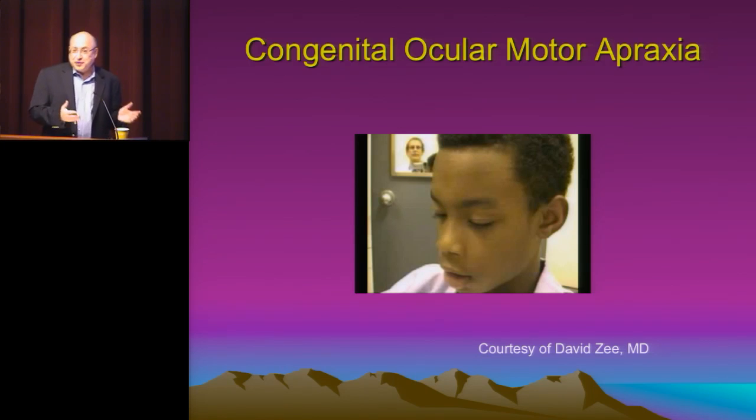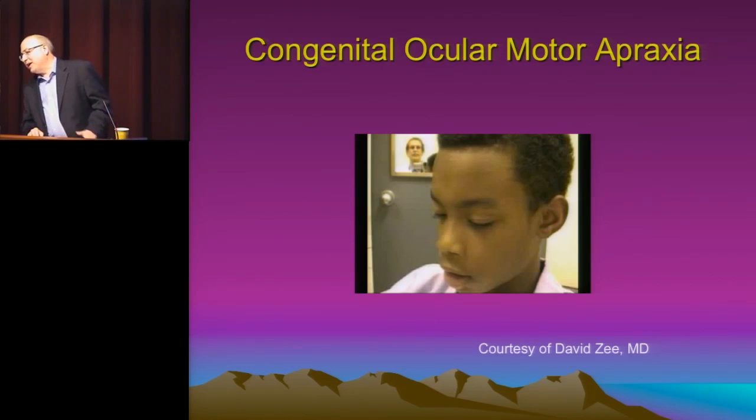Actually, what they do is, let's say I want to look over there. Instead of being able to make a saccade, what I've got to do is overshoot like that, and then the vestibulo-ocular reflex comes back and then I fixate. And so these kids go like that. Can you do it one more time?